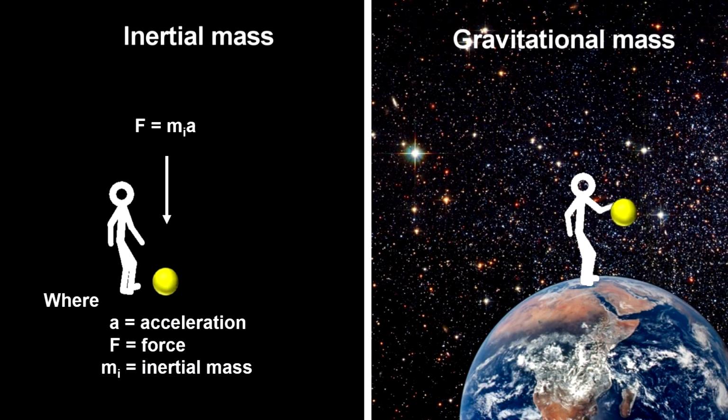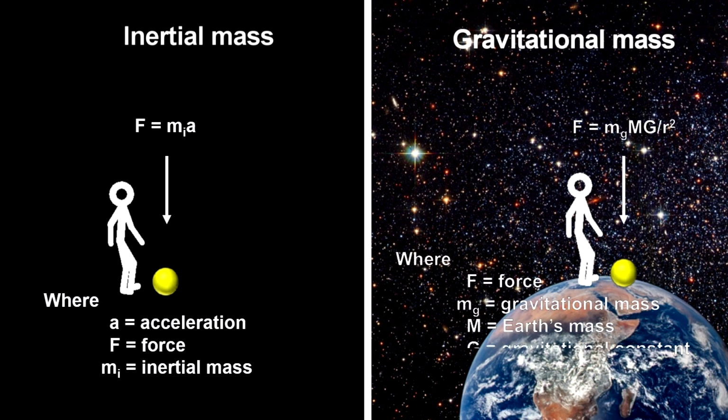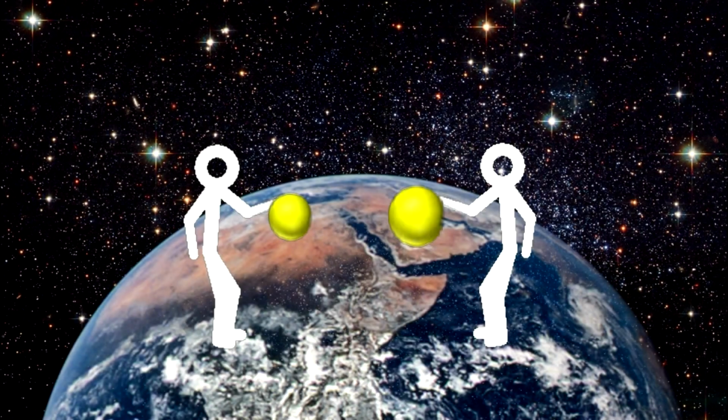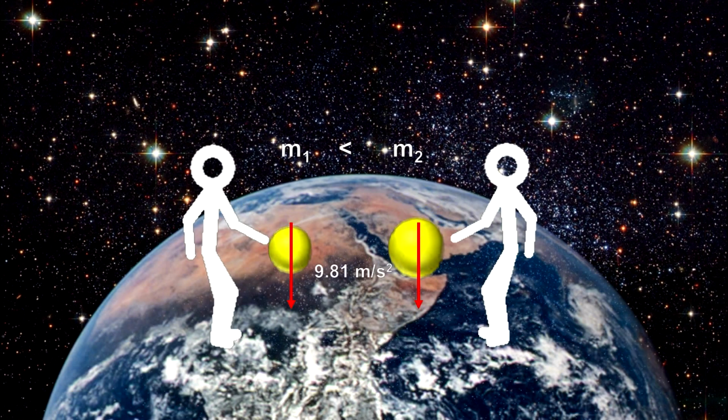The other was gravitational mass. Gravitational mass was defined by how strong an attractive force it exerted on other objects. It is described by Newton's universal gravitation formula. These are two very different definitions for mass. But ever since Galileo's experiment with falling objects, we have known that masses do accelerate at the same rate, no matter how massive they are.